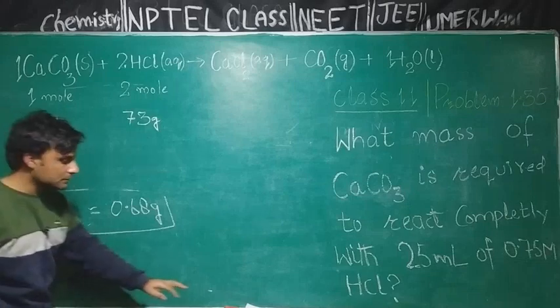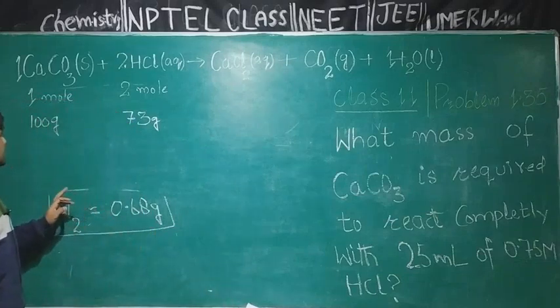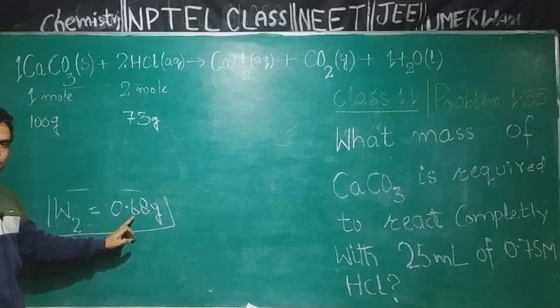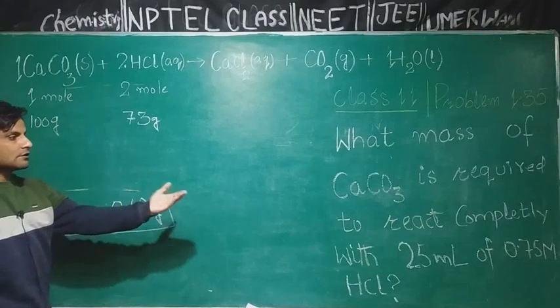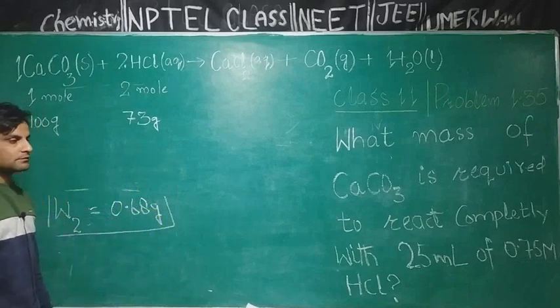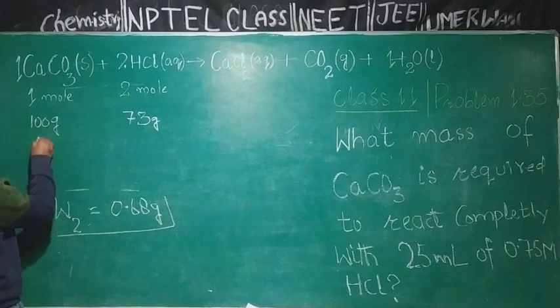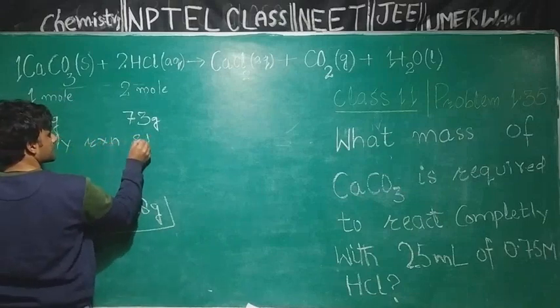Now I will use it to find how much calcium carbonate will react with 0.68 grams of HCl, in other words, with 25 ml of 0.75 molar HCl solution.